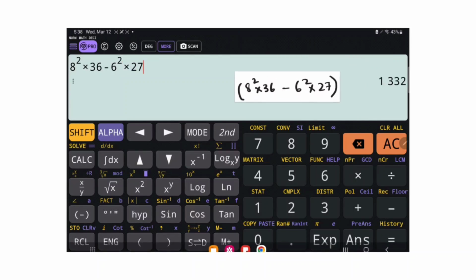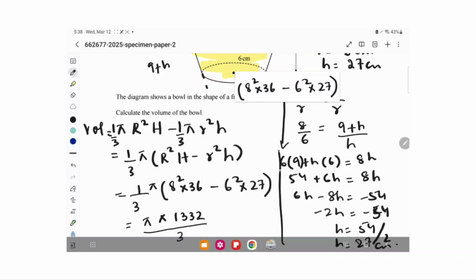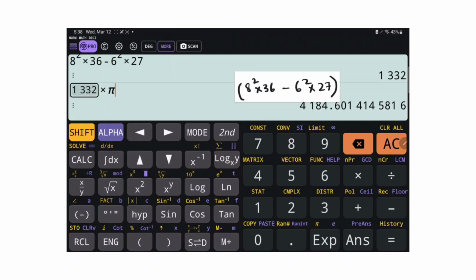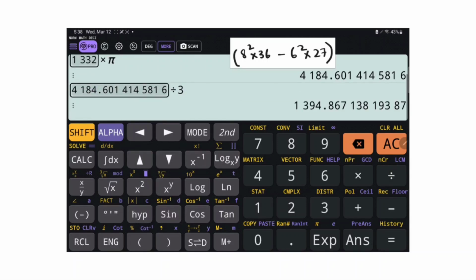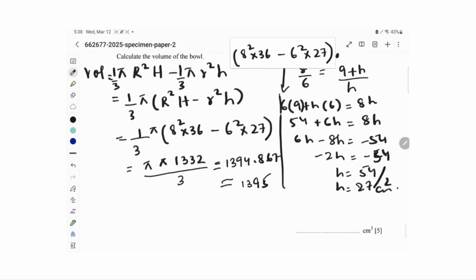Pi times 1332 divided by 3 is equal to 1394.867, which is approximately 1395.